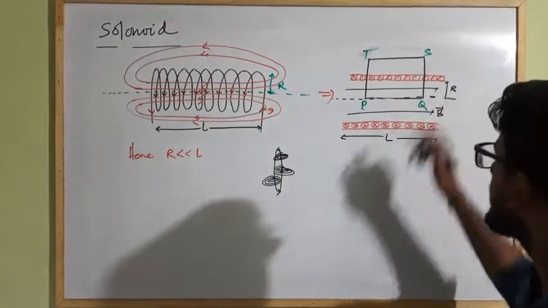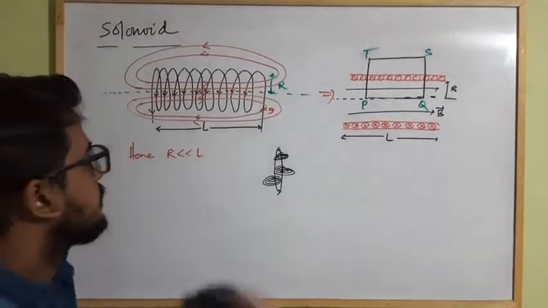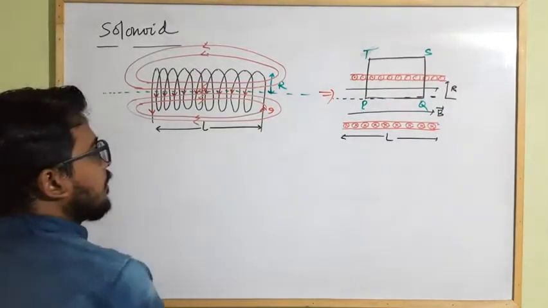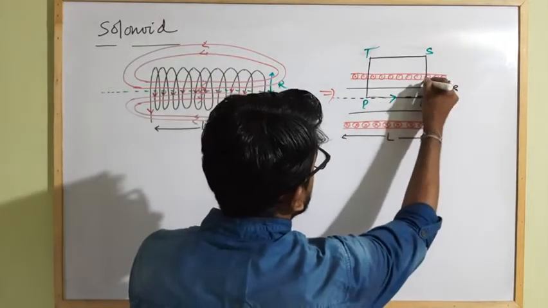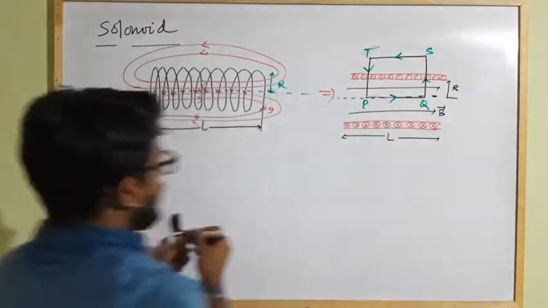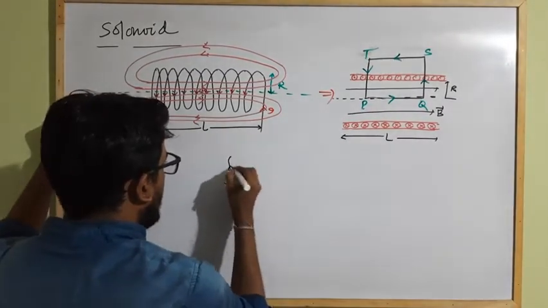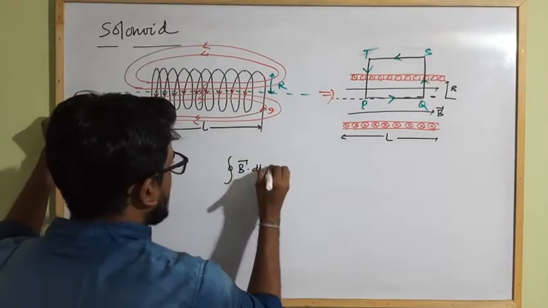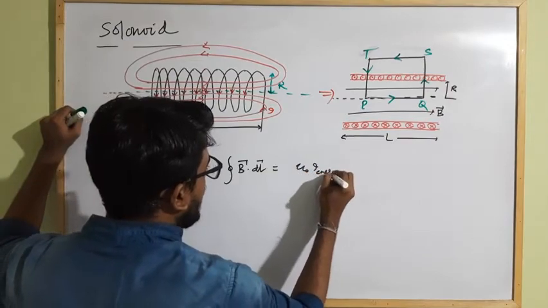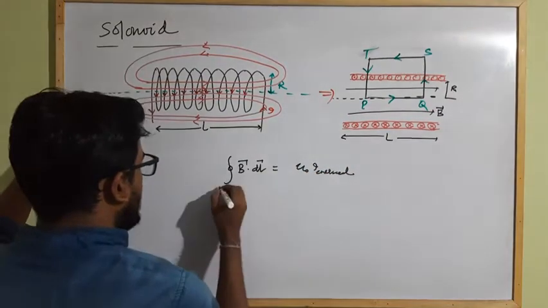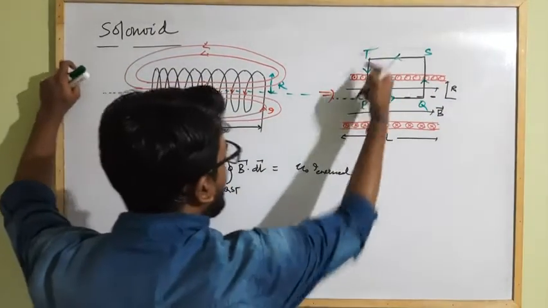For this segment, if we apply Ampere's circuital law, for this closed Amperian loop the direction of the dl vector will be taken like this. Okay, so by applying Ampere's circuital law, the closed line integral of B dot dl vector will be equal to how much? Mu naught I enclosed. So this is for PQST, the closed line integral over the loop PQST.